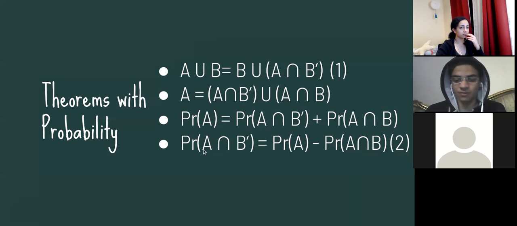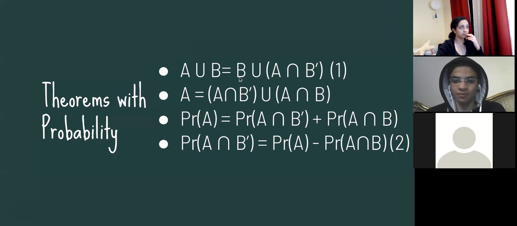This gives me the probability of A intersection B dash equals the probability of A minus the probability of A intersection B. I just played with algebra like any ordinary equation. So in order to reach the second part, now what we have is that the probability of A union B is the probability of B plus the probability of this part.